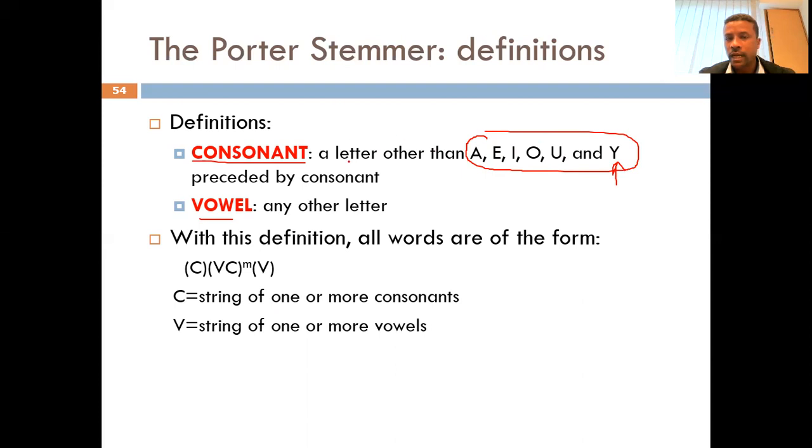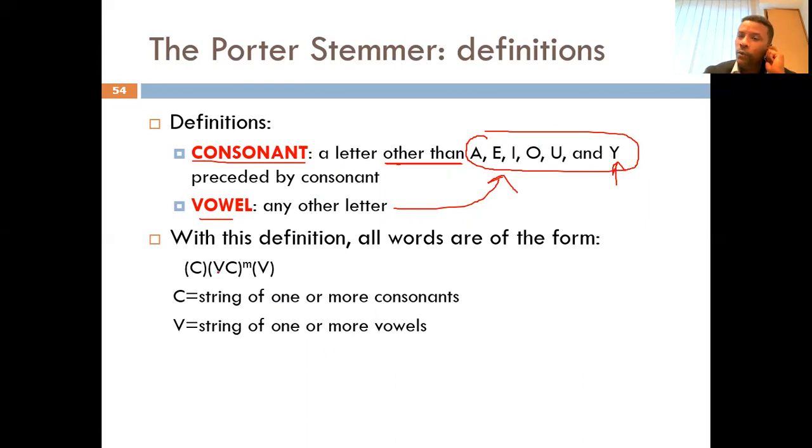So a consonant is any letter other than these, and vowels are these letters, A, E, I, O, U, including Y. Mind you, this is not a linguistic definition. This is a definition by Porter for the purpose of stemming.